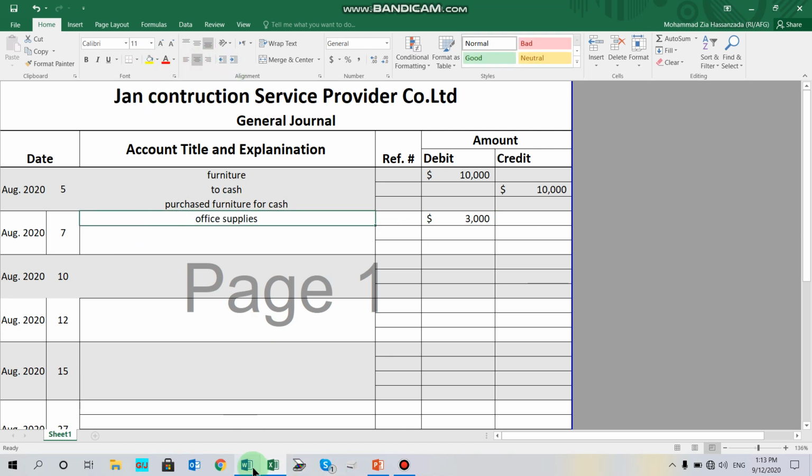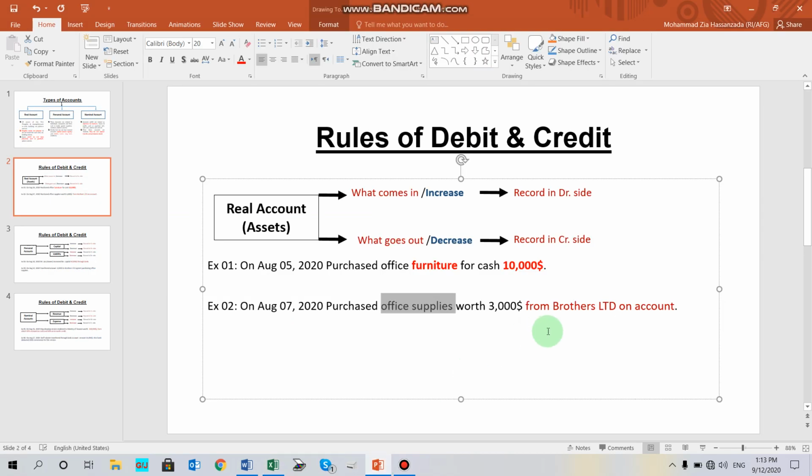From the other side, since we are not paying the cost of these office supplies in cash, we purchase these office supplies on account, it means on credit basis. So a liability is created here worth how much? 3,000 USD.